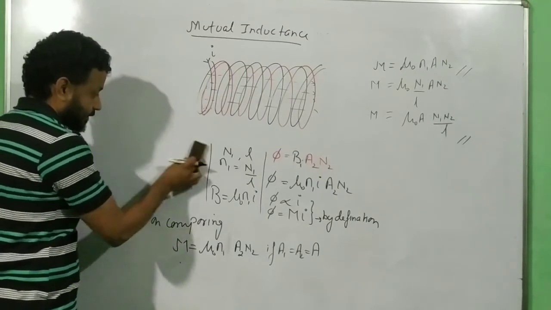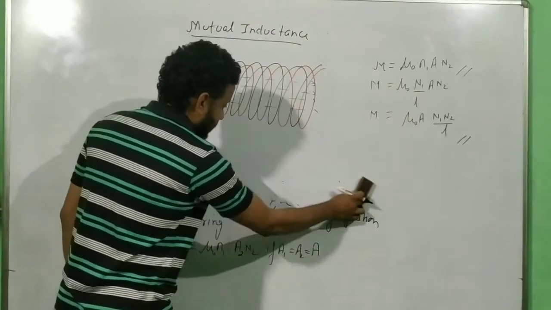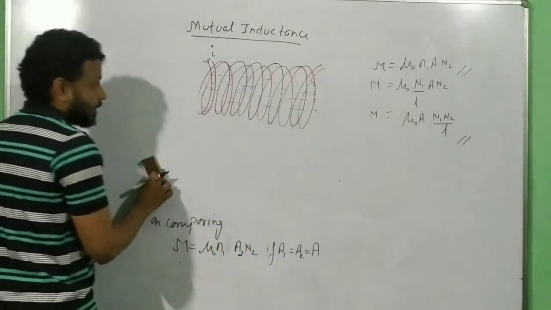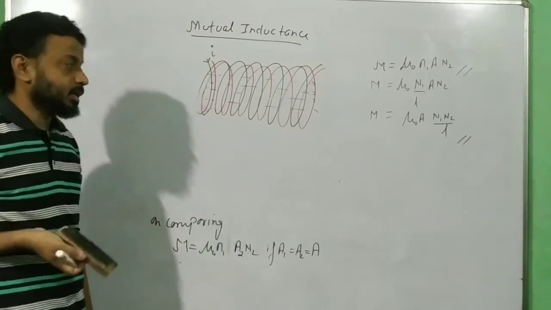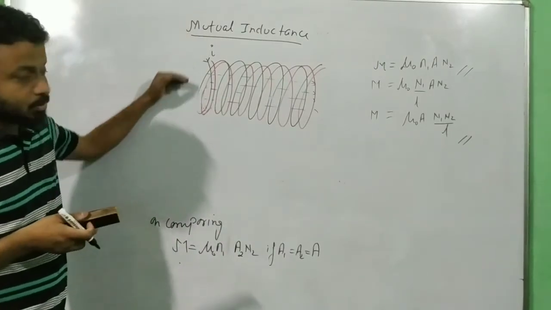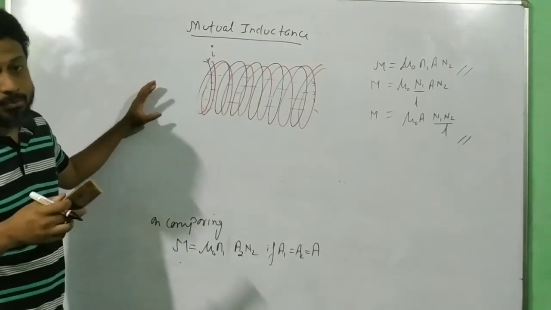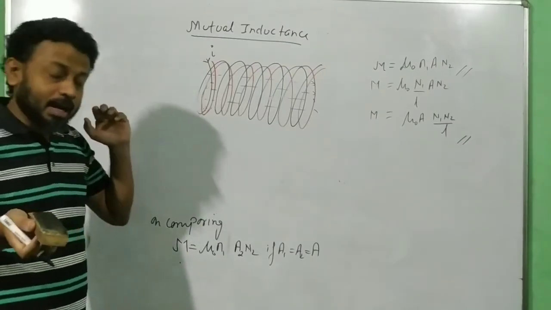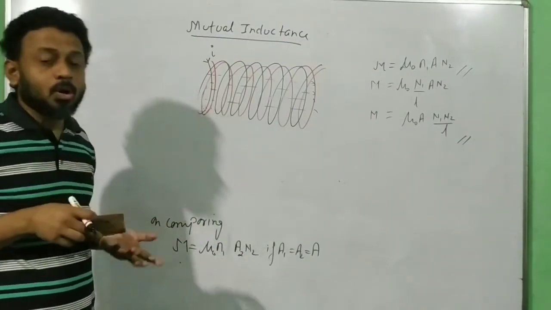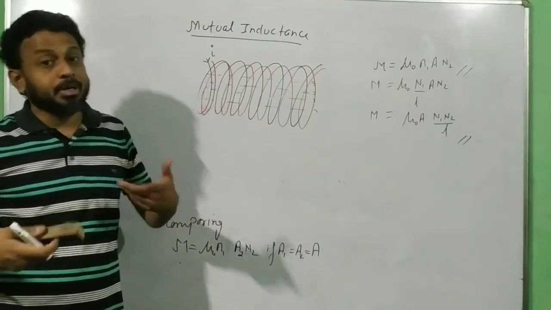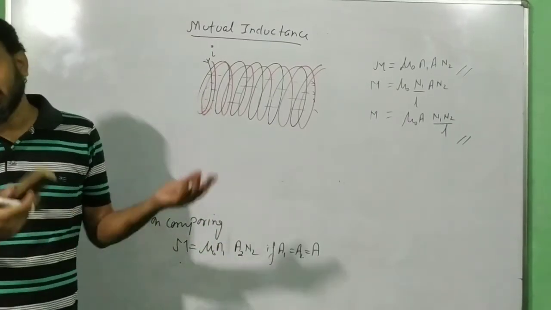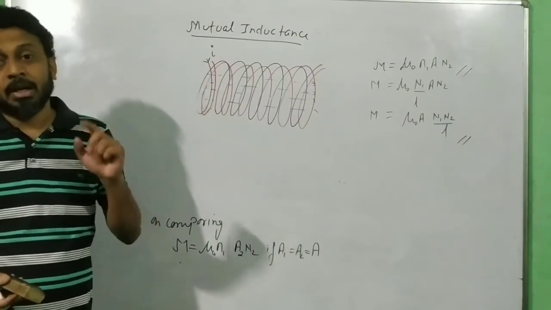The whole purpose here, the physics behind this, is this: when you allow a current I to flow in one of the coils, and if you have a coaxial coil, then the second coil will experience a change in flux, due to which it will develop an induced current in the direction opposite to the main current, if the flux is increasing.